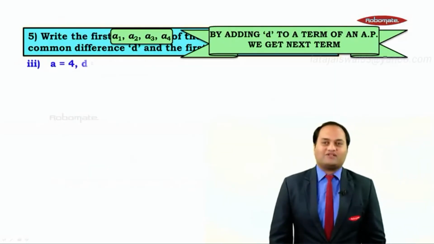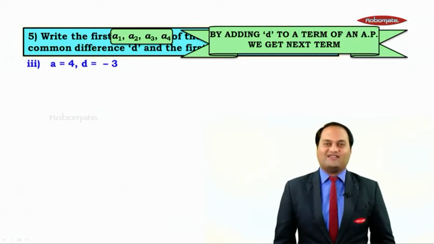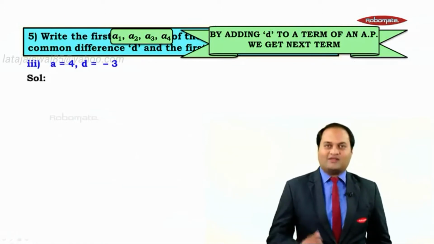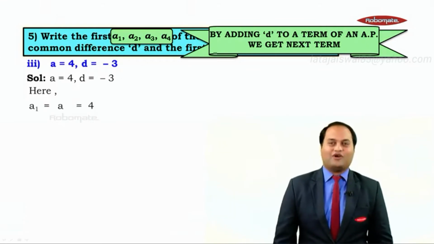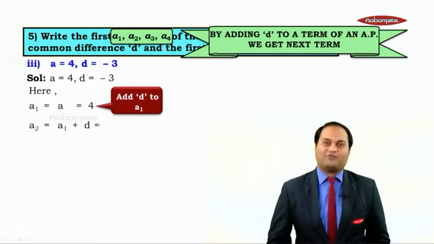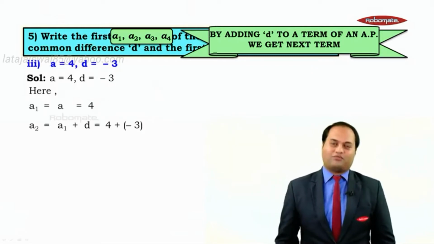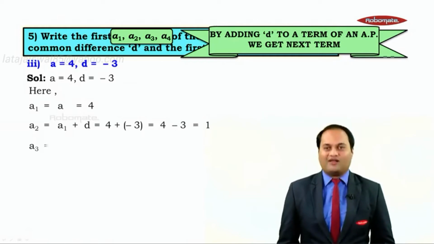The question remains the same. The sub question is A is equal to 4 and D is equal to minus 3. The sum is A1 is equal to A is equal to 4. A2 is equal to A1 plus D is equal to 4 plus of minus 3, which is equal to 4 minus 3, which is equal to 1.